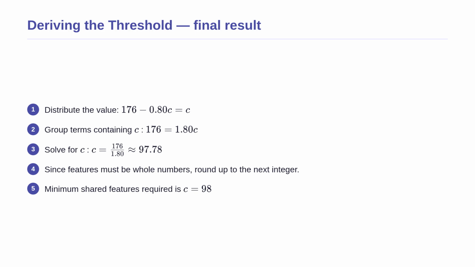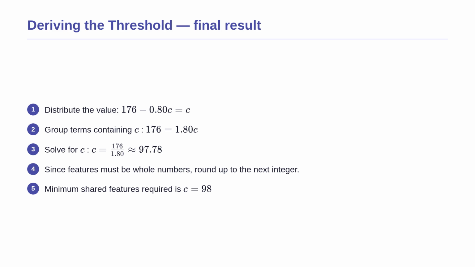In this final chunk of our derivation, we will solve for C completely. We distribute the 0.80 into the parentheses, giving us 176 minus 0.80 times C, all equal to C. Next, we group all terms containing C on one side by adding 0.80C to both sides, resulting in 176 equals 1.80C.